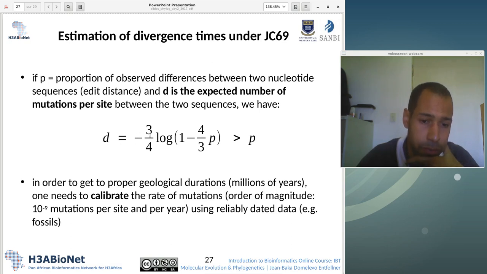And d is equal to -3/4 of the logarithm of 1 minus 4/3 of p. This can be shown to be strictly bigger than p.